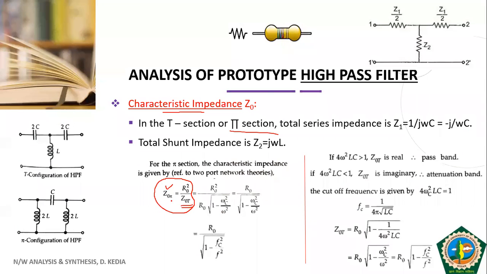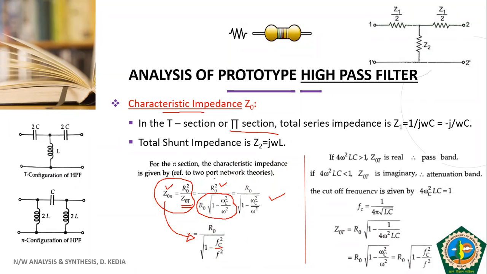That is Z naught pi is equal to R naught square by Z naught T. So we already know R naught square. We have already obtained Z naught T in the previous slide. So if you substitute that, this is what we get. And if you further simplify, this is what you get: R naught by under the root 1 minus FC upon F square. This is your characteristic impedance of the pi section.